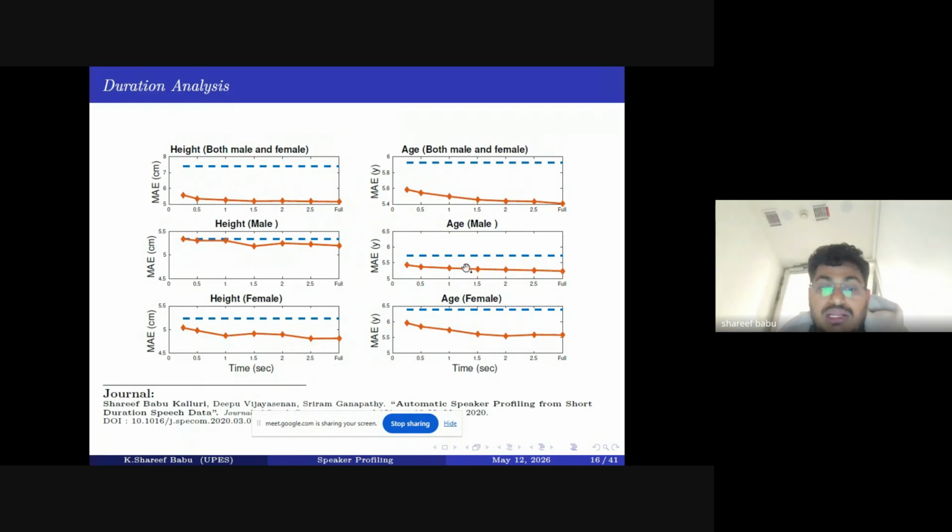You can see very clearly that from 1.5 to 2 and 2 to 2.5, there are no big changes happening in this context. So that's where we could say that with a minimum of 1 to 2 seconds of speech data, we could identify the height and age of a speaker.